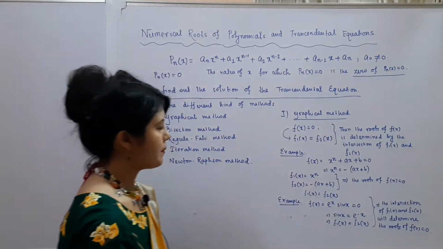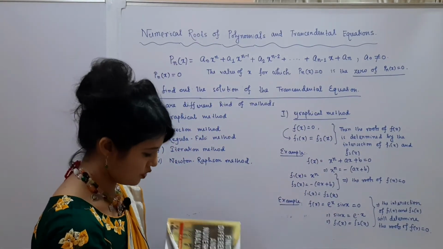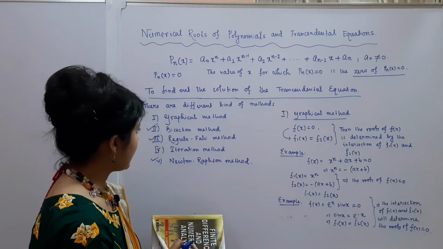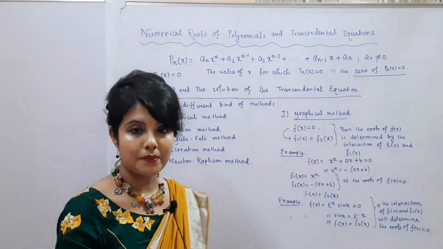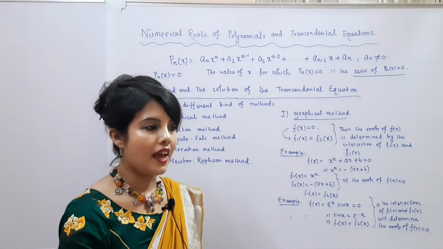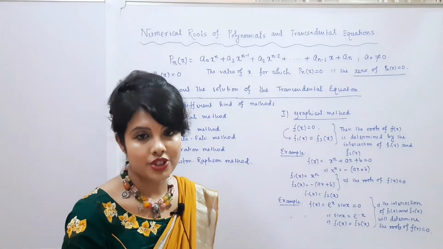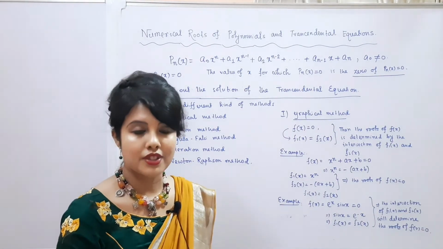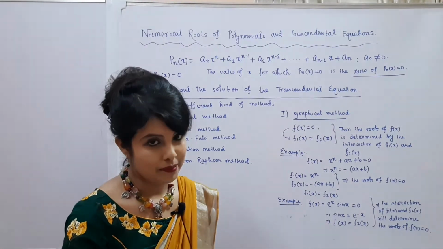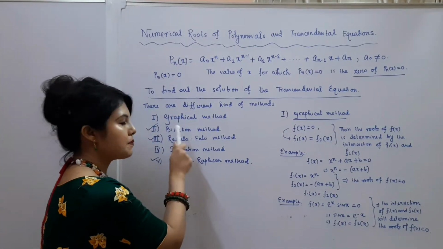Now I am removing the graphical method because it is not so important, and the next method is the bisection method. This bisection method is in your syllabus, and there may be some questions to find the roots of a transcendental equation by using the bisection method.